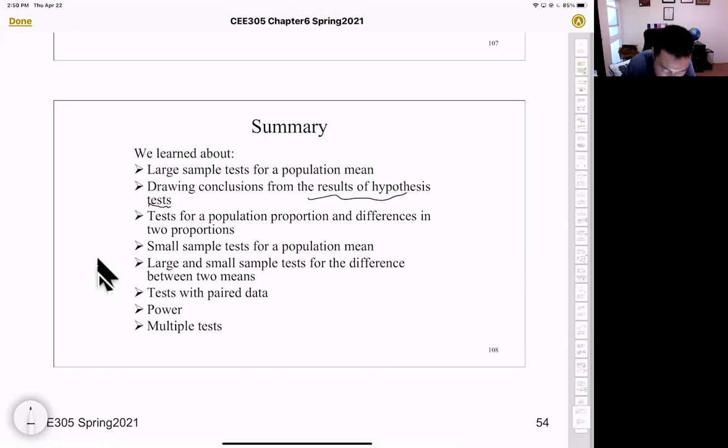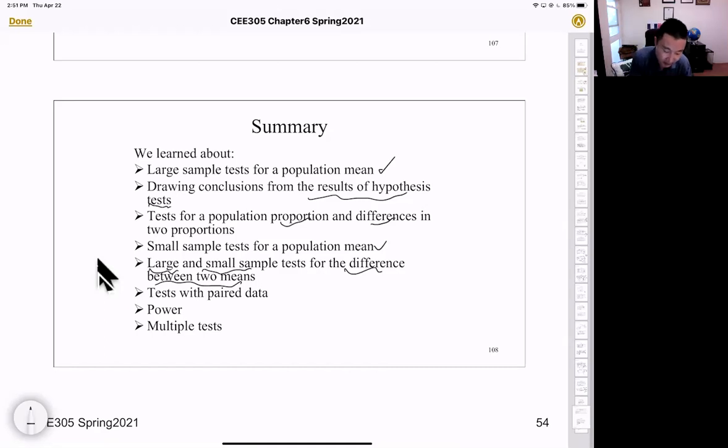So large sample test for population mean, small sample test for population mean, test for population proportions, and also for the difference between two proportions, and also test for the difference between two means for both large sample and small sample, and also for special situations, for example, when the variances of two populations are the same or not the same.